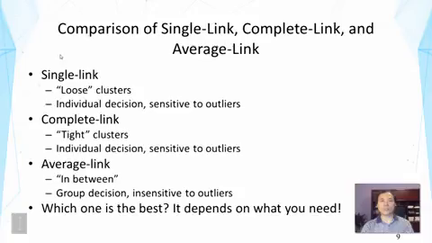Now, these different ways of computing group similarities will lead to different clustering algorithms, and they will in general give different results. So it's useful to take a look at their differences and to make a comparison. First, single link can be expected to generate loose clusters.